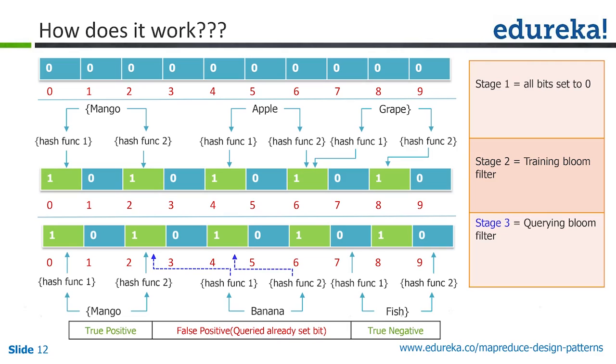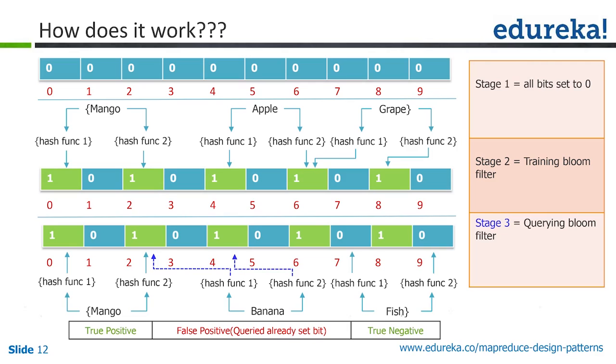We are just trying to say banana is falling in the indexes which it has been trained. The actual use case will have the actual implementation. This representation is trying to tell you that banana falls in that particular index which has already been trained. So even though it is not part of the data set, it falls under the false positive.